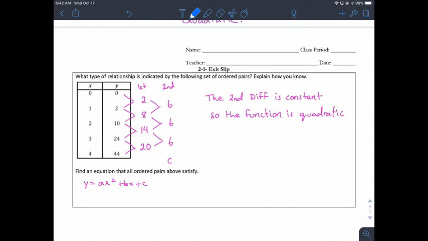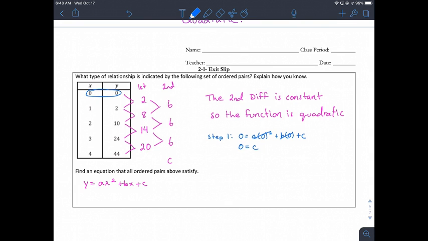So step 1, we're going to find that end value, which is c, by plugging in 0 into x. If we plug 0 into x, we also got to plug 0 into y. So we're going to do 0 is equal to a times 0 squared plus b times 0 plus c. This goes away and this goes away, leaving you with 0 is equal to c.